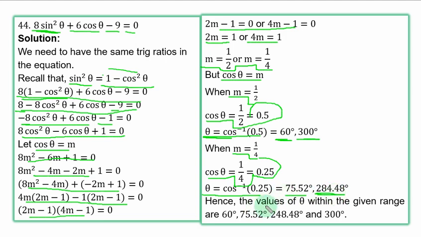Hence, the values of theta within the given range are 60 degrees, 75.52 degrees, 284.48 degrees, and 300 degrees.